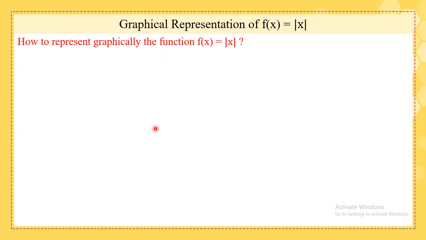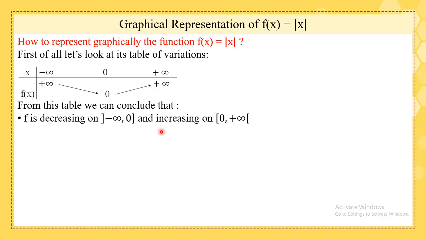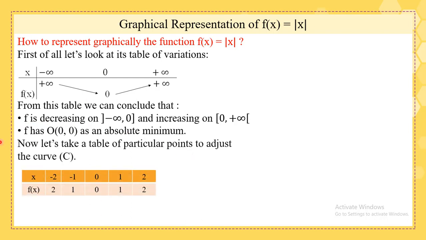Now the graphical representation of this function. This is the table of variations. From this table we can conclude that f is decreasing on minus infinity, 0 and increasing on 0, plus infinity, and has O(0, 0) as an absolute minimum.